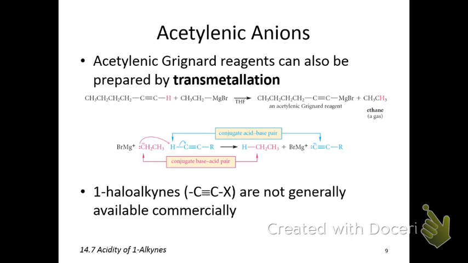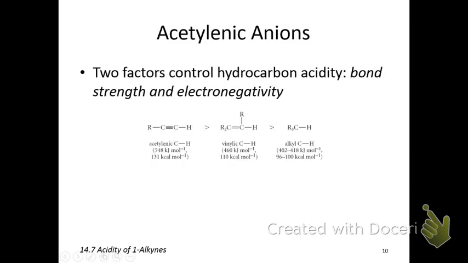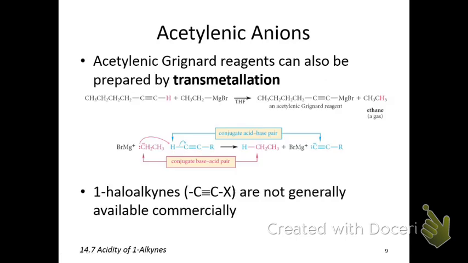Now, one common procedure is to make a Grignard reagent from terminal alkynes through this method. You can't make a Grignard reagent from a terminal alkyne that would have a bromine on it the way you did with bromobenzene in lab. Instead, what we do is take a terminal alkyne and react it with a Grignard reagent.